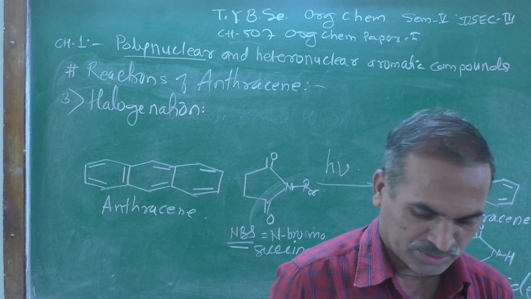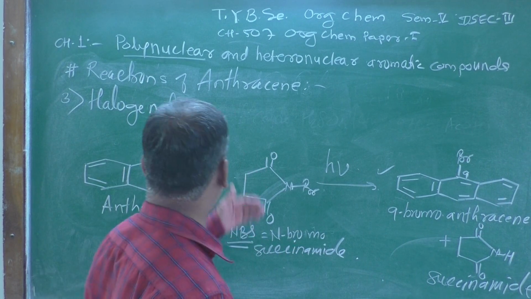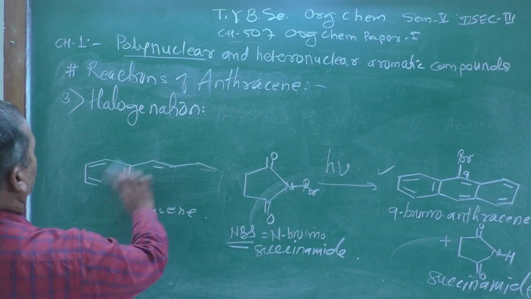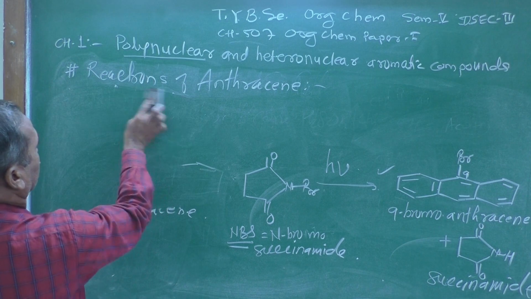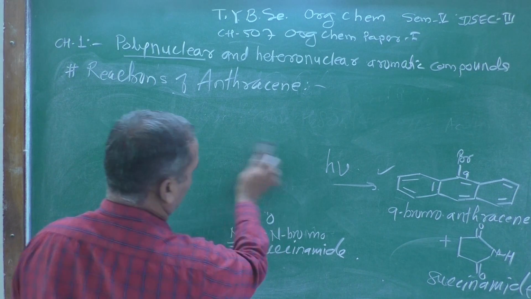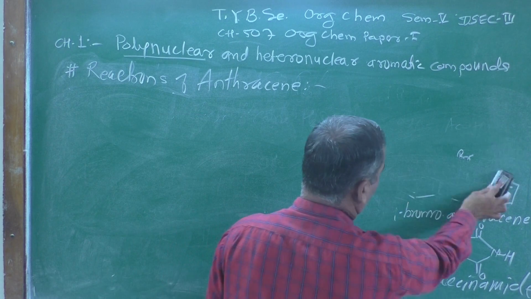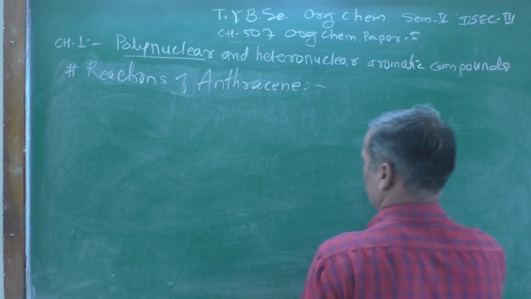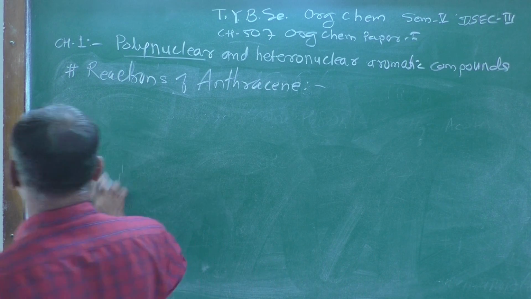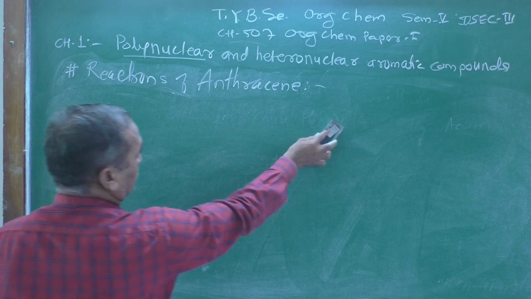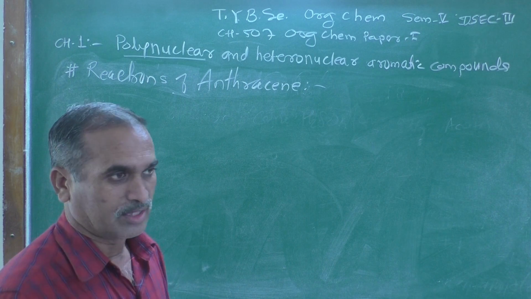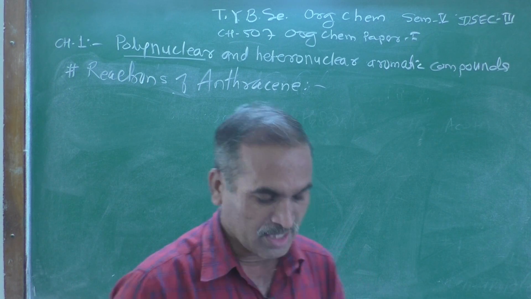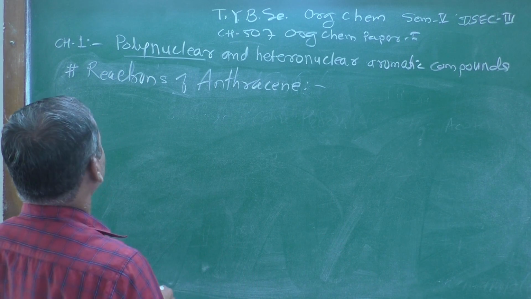Now let us move on to the next reaction after halogenation. The next reaction we are going to discuss is a very famous reaction known as the Diels-Alder reaction. In my previous lecture, I already talked a little bit about the Diels-Alder reaction.